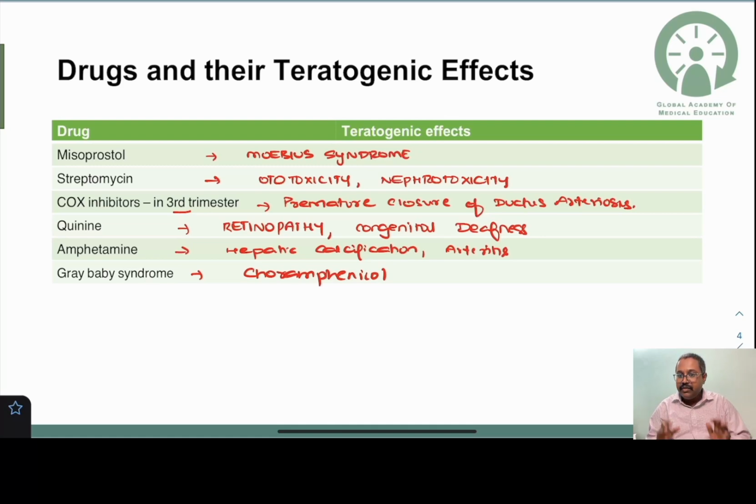Please remember, in your exams, at least one question will be there from drugs causing teratogenic effects. Please go through it before going to the exam, and this is one topic which will yield you high marks in your exams. So please do not forget to revise before going to the exams.